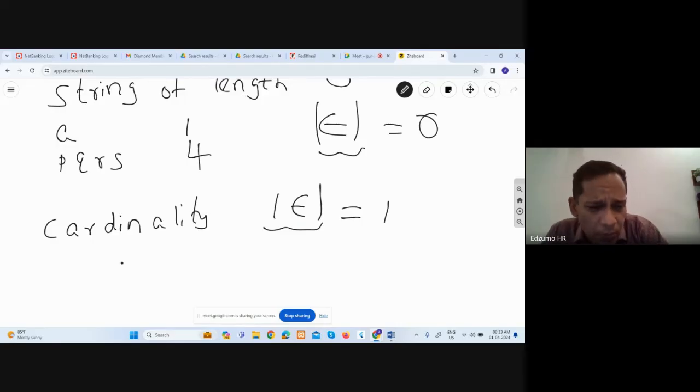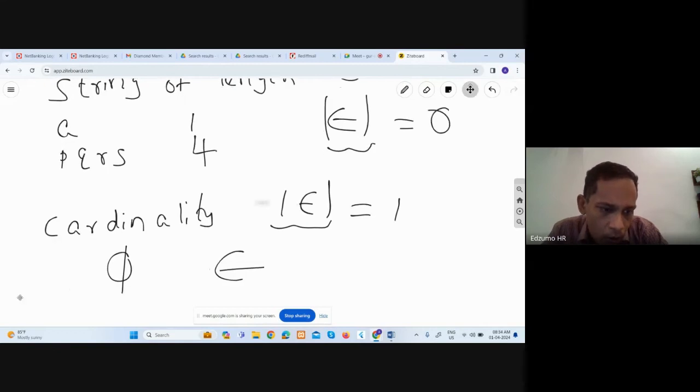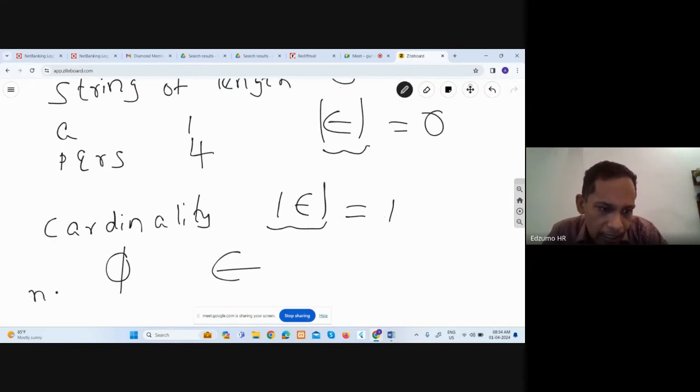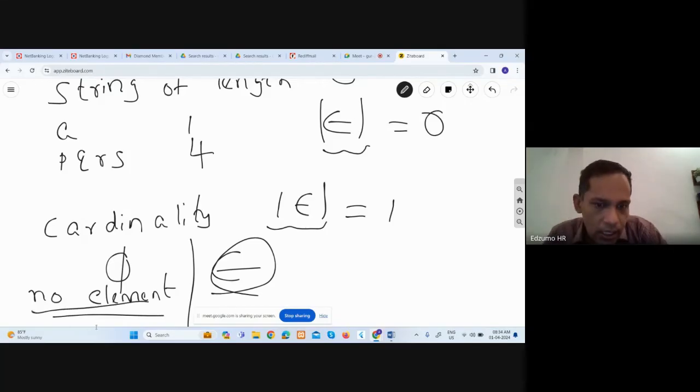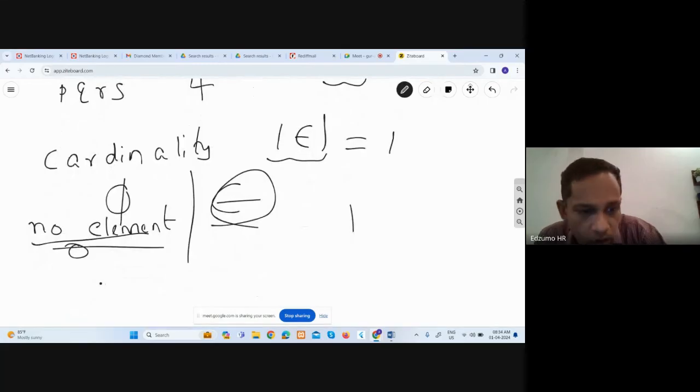So what's the difference between the null set and epsilon? For the null set, no element is present. In epsilon, one element is present, that is epsilon itself. So since no element is present, the cardinality of the null set is 0. Since one element is present in epsilon, the cardinality is 1. Here there is no string, so there is no length, but for epsilon it is a string of length 0.